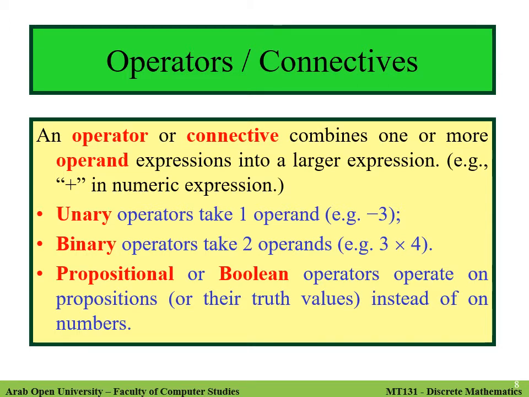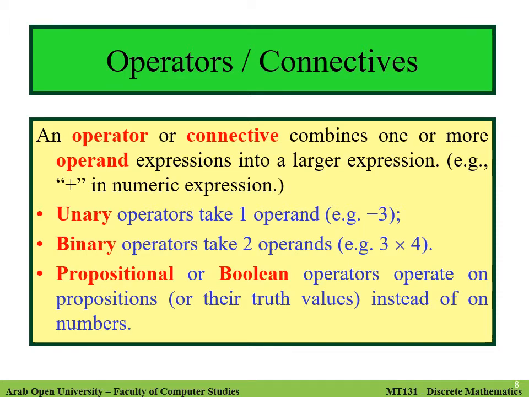The second type is binary operators. They take two operands and connect them into a compound statement. Propositional or Boolean operators operate on the propositions, or basically you are looking at the truth values of these propositions.